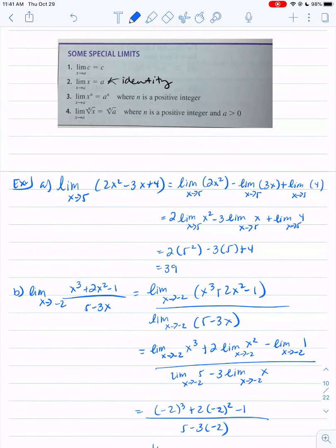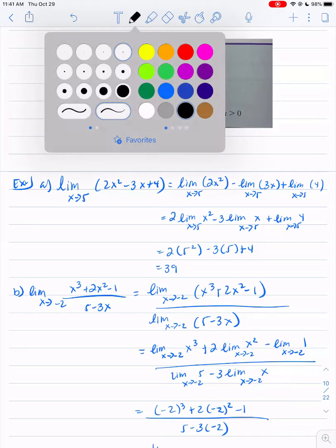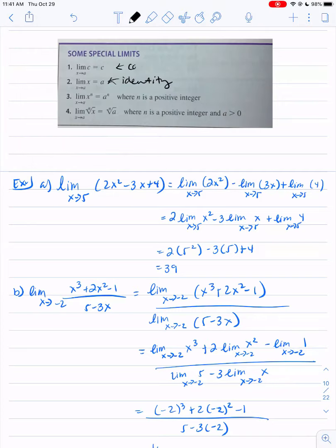Okay, so now I have some special limits. So basically this is like the constant. So c is just some real number. So the limit as x approaches a of just the constant function is going to be that constant because it stays the same.